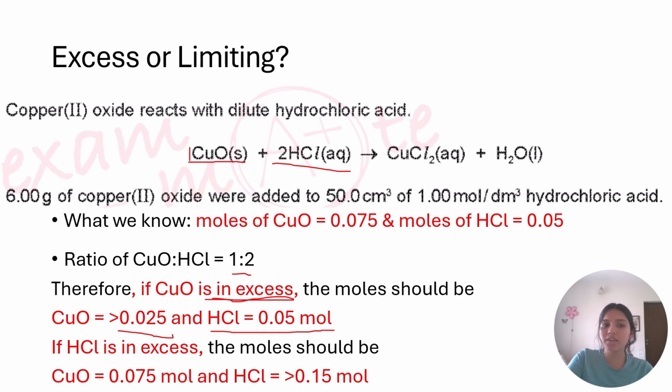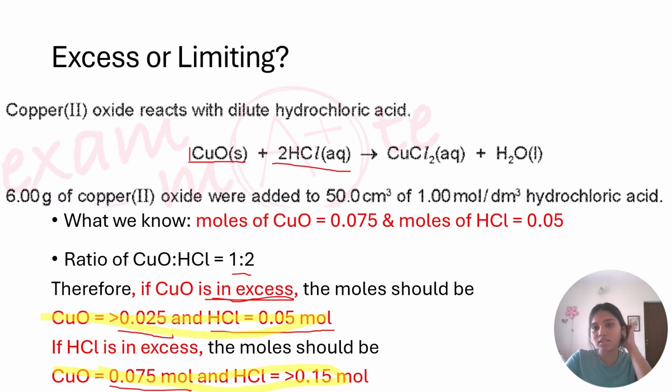And if it was the other way around, if HCl was in excess, the moles of copper oxide would be the same, that is 0.075. If we multiply it by 2, because it's a 1:2 ratio, we would need 0.15 moles of HCl. That means if it's in excess, there would be more than 0.15 moles of HCl. Now if we look at these two hypothetical scenarios, which one fits the current scene?